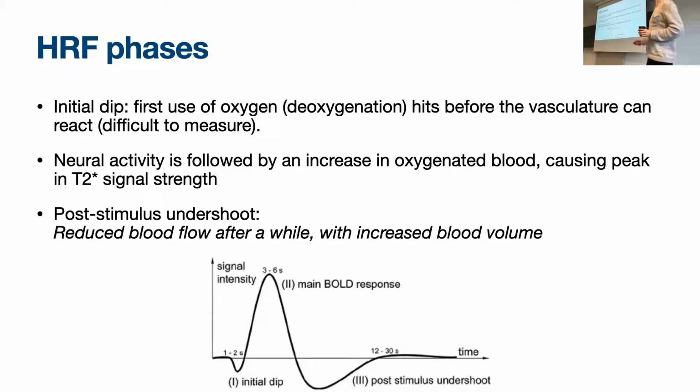So the first thing that happens, and what you see here, is within 1 or 2 seconds, you can find an initial dip in the BOLD signal. Okay? So in this T2 star value. Now, it's tiny. As you see, it's relative to the rest of the BOLD response is not that much.